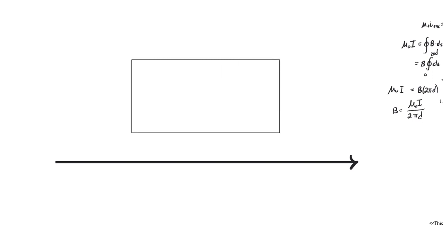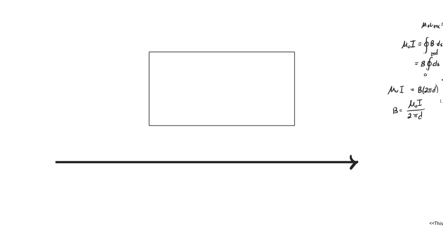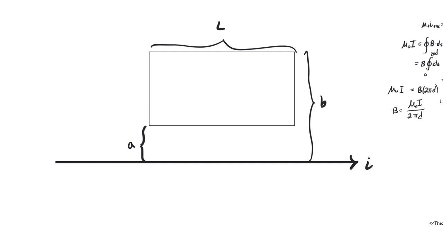They had a problem like this with a distance like here, A, and a distance here, B, something like this. And this was like length L. They said there's a current here, and they asked for the magnetic flux through the square of wire. Would you know where to start that problem?